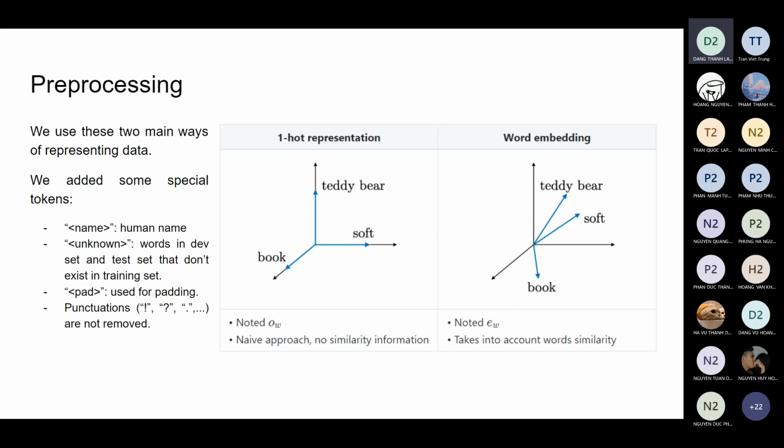One thing we want to note here is that we added some special tokens to our vocabulary. First is the name token to represent human names. The second is the unknown token to represent words in the dev set and test set that don't exist in the training set. The pad token is used for padding. Also, we didn't remove the punctuation, because punctuation in Vietnamese sentences contributes somewhat to the overall sentiment. So next slide.